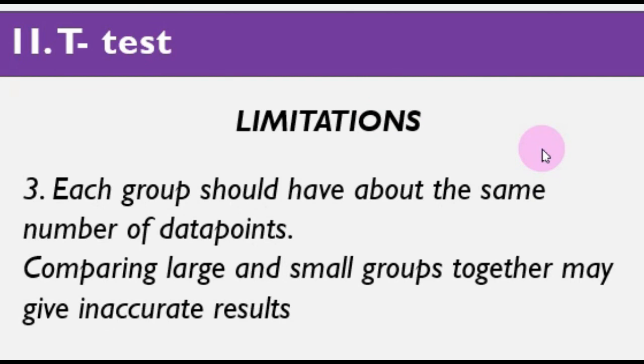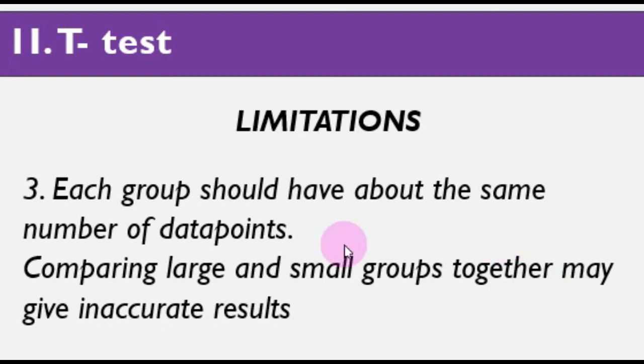3, each group should have about the same number of data points. Okay? So, dapat kukuha mo yung data points ng control group at saka ng experimental group. Okay? Hindi pwede na yung isa lang na grupo ang may set of data points. Kasi hindi mo mako-compare kung may effect ba kung ito ay experimental dun sa gusto mong makita.